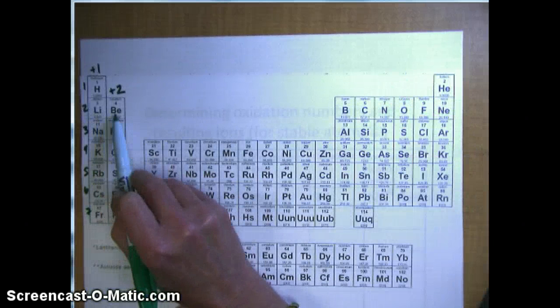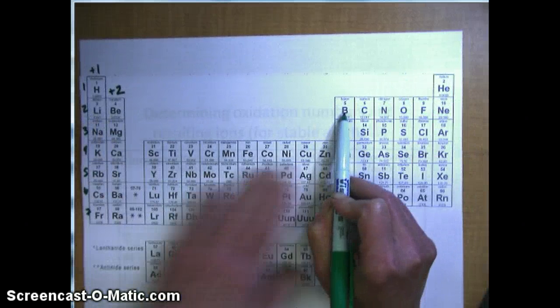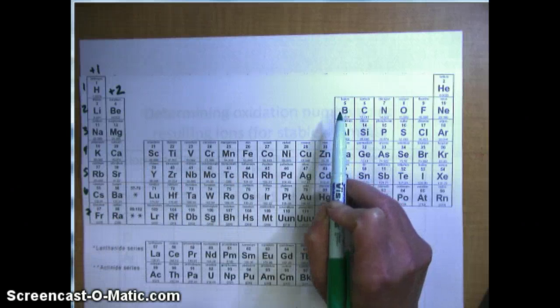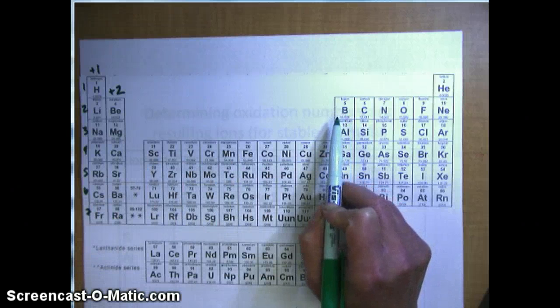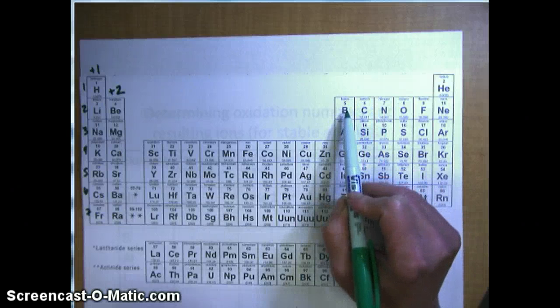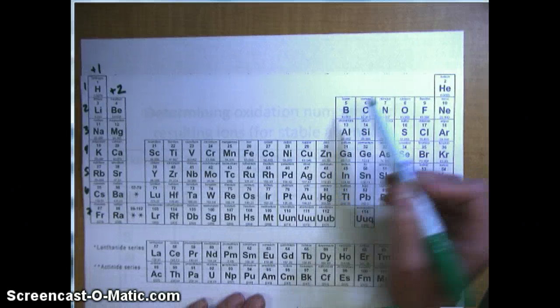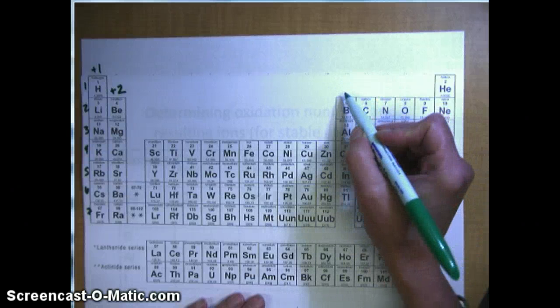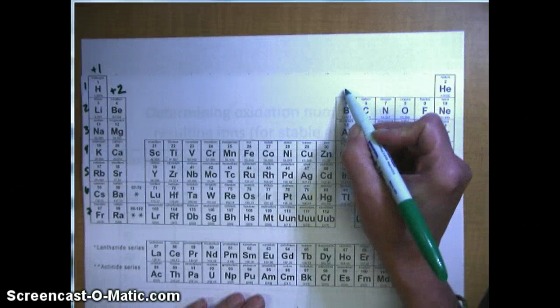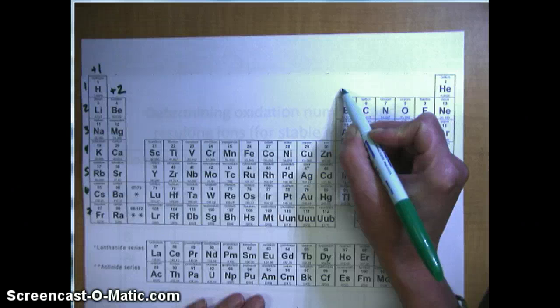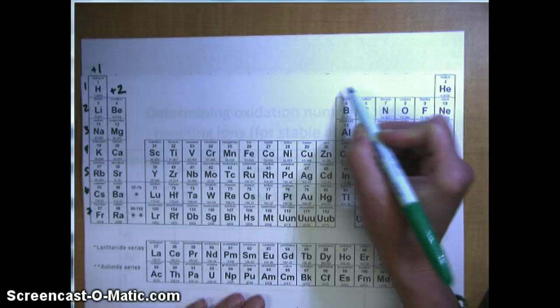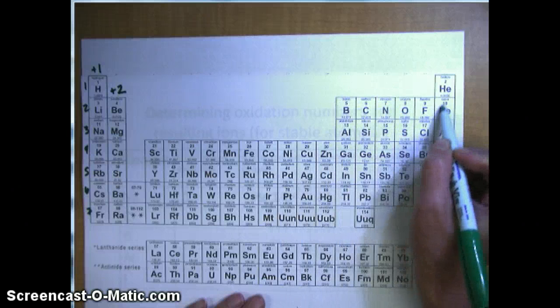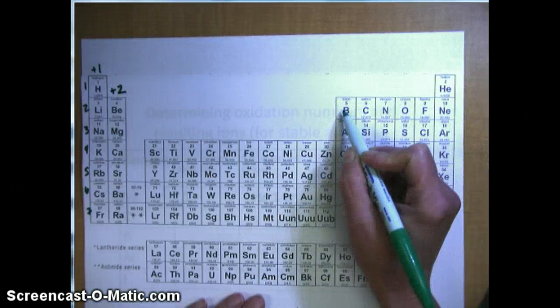Boron group has 1, 2, 3. Now we're going to skip these because they tend to form multiple cations, so we'll come back to that later. The boron group is going to gain, is it going to gain 5 to become an octet, or is it going to lose 3?